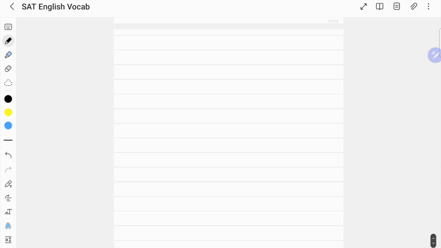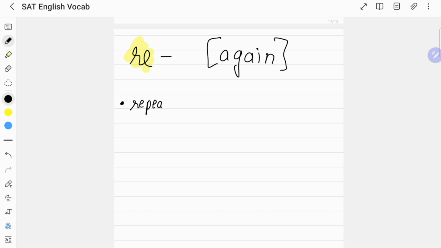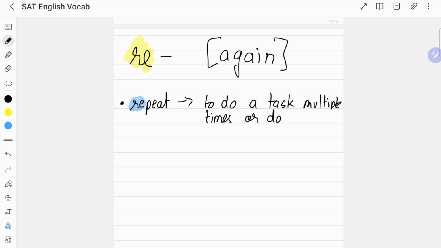Another root word we can use is re, which means, you guessed it, again. A pretty simple one. So we can use the popular one, repeat, which means to do a task multiple times or do it again.